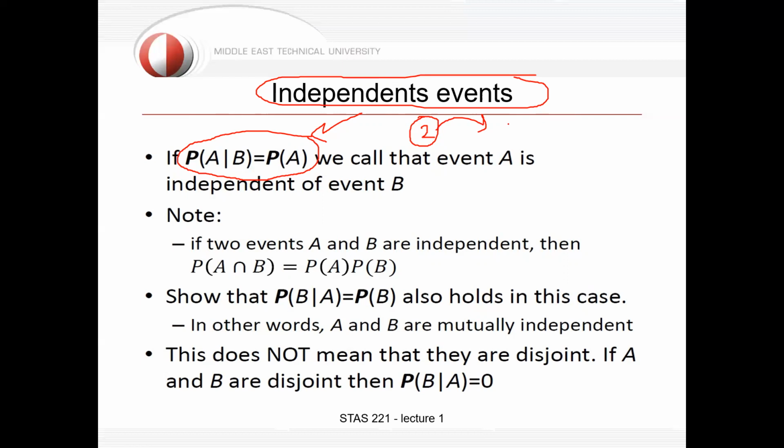In the next trial, the probability of receiving number 3 is 1/6, and the probability of receiving 4 is again 1/6. It's an unbiased die. So in the first trial, it doesn't matter what happened. When these two events are independent, the probability of A knowing that B happened is exactly equal to the probability of A.